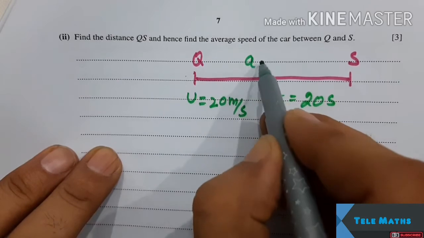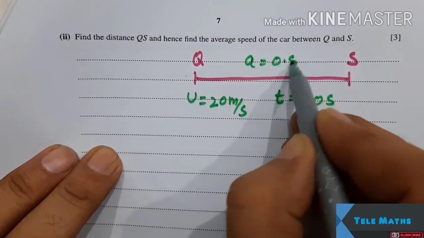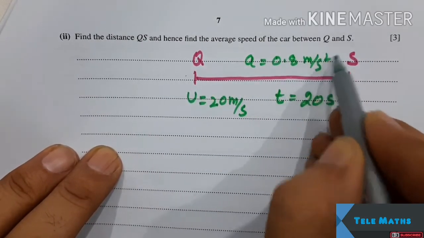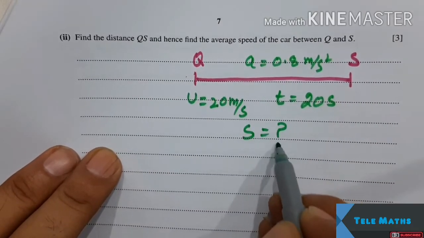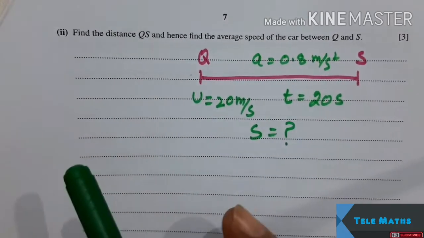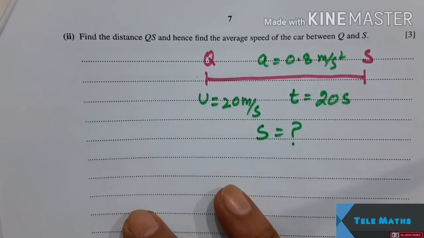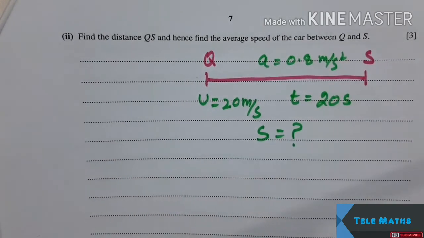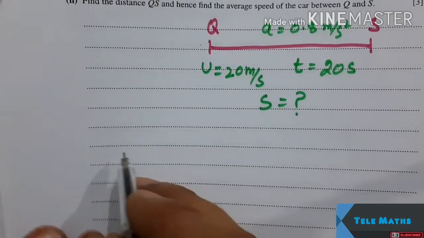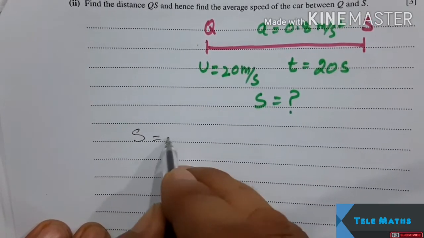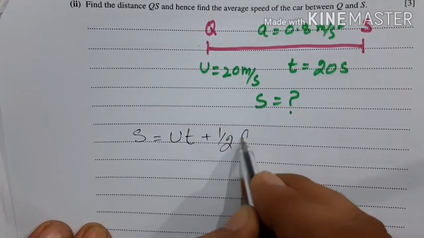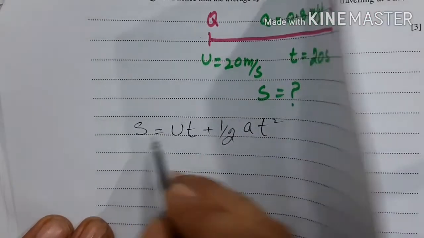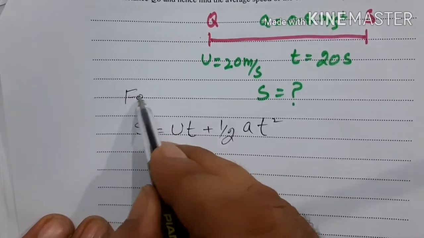We also have A, which is 0.8 meters per second square, and we need to find S. So if you see closely, we can easily use the second equation of motion, which is S is equal to UT plus 1 by 2 AT square, for QS.